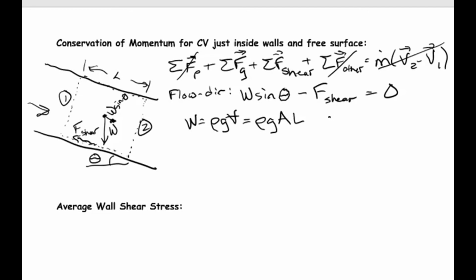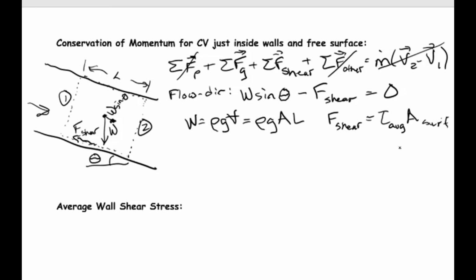All right. So let's do some substitutions for shear. So our F shear, if you remember, shear stress is force over area, which means shear force is your shear stress on average times your area. But what area is that? Well, that's not our cross-sectional area. That's wherever our fluid is rubbing against walls. Okay, so that's the surface area, let's call it.